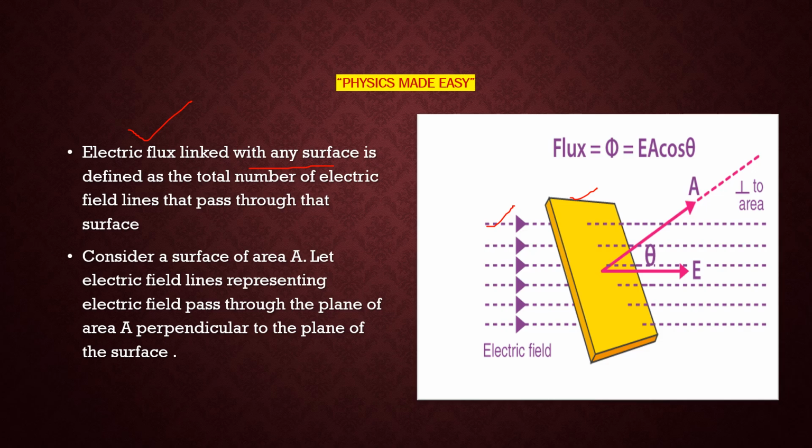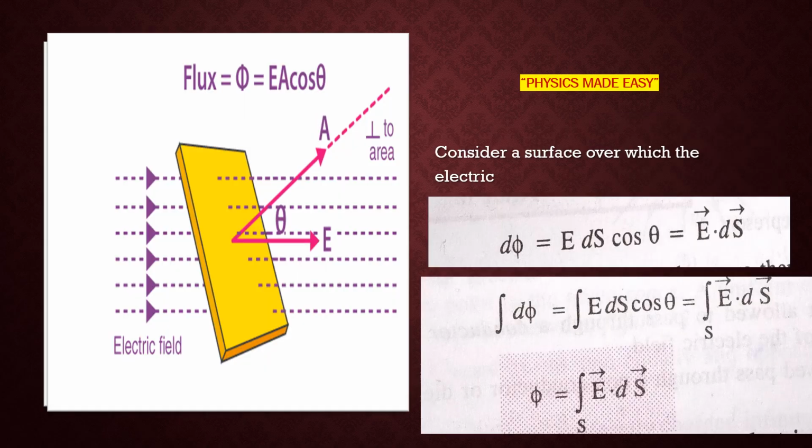As we considered earlier, this surface has the area capital A, and the electric field lines passing through this area represent the electric field through the plane, which is perpendicular to the electric field lines.